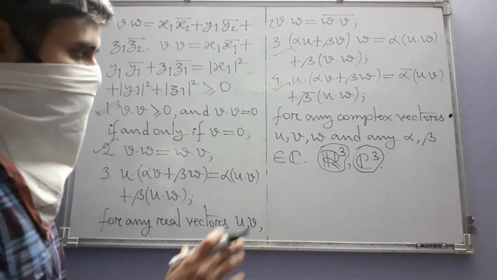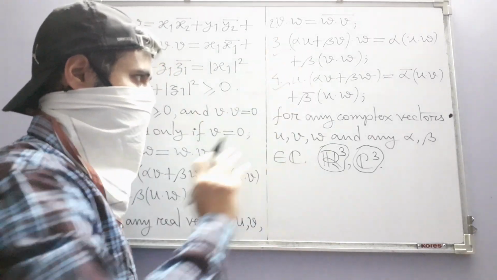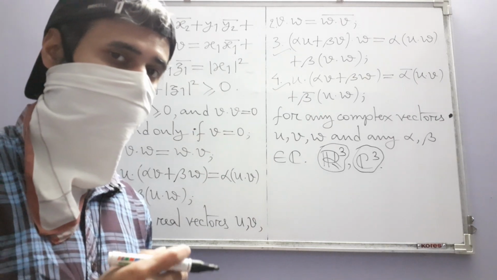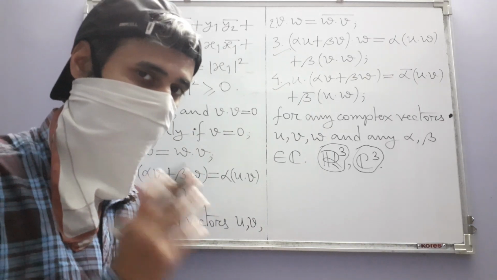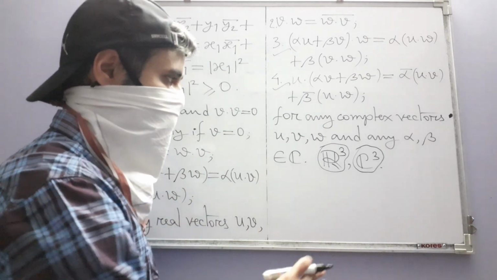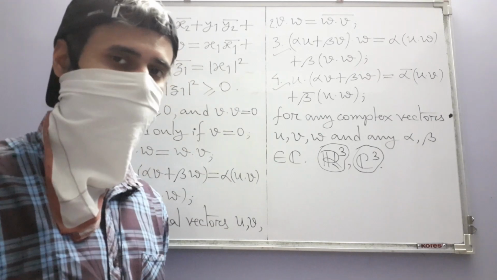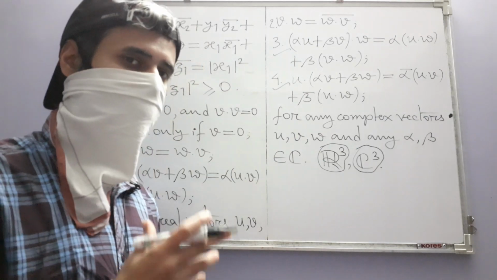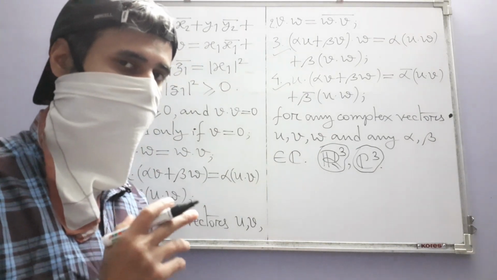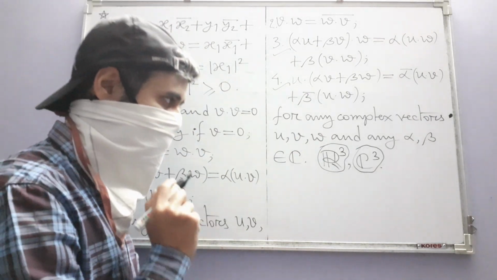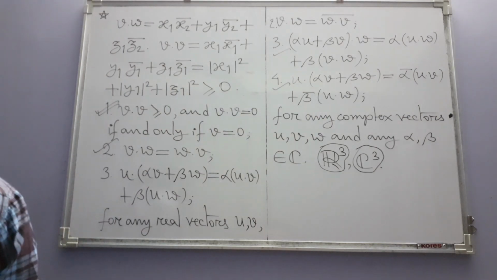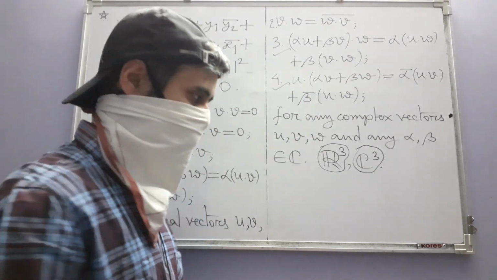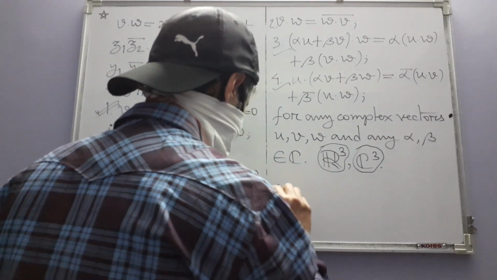Now can we, using these things as experience, define something similar in a general vector space, where the field is either the field of real numbers or the field of complex numbers? When we try to do that, we get the notion of an inner product space. That is the definition from where this section actually starts.